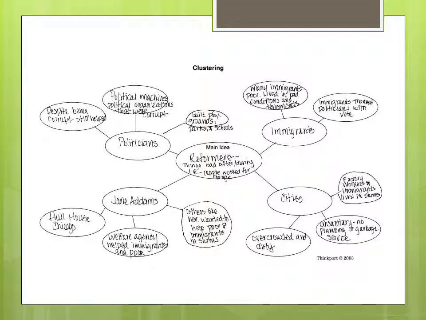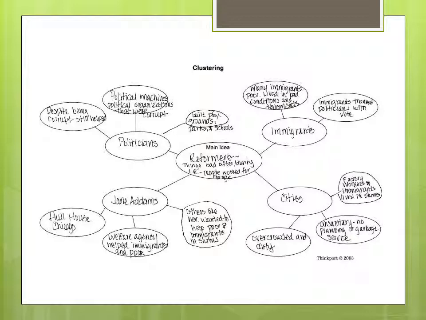So I took an issue or a topic that wasn't on your list, and I took reformers. Things were bad after or during the Industrial Revolution, and people worked for change. Okay, well, one area that they worked for change is politicians. Politicians, despite being corrupt, still help people. There were political machines, political organizations that were corrupt, but they did build playgrounds, parks, and schools.